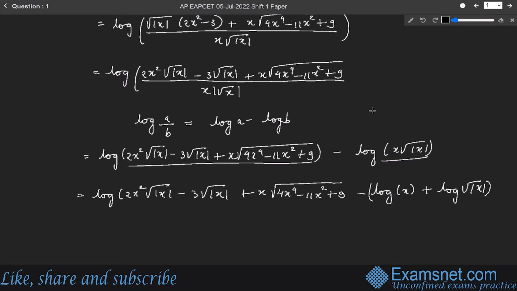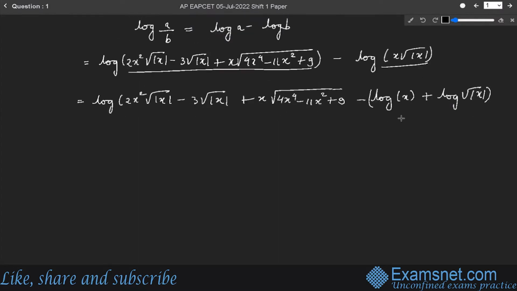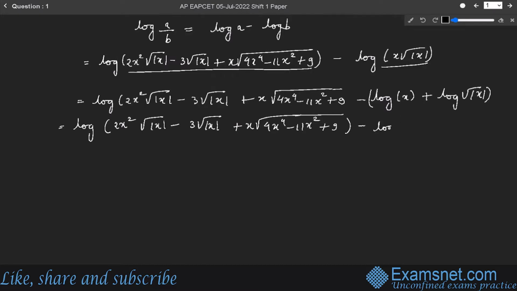On further solving this, it can also be written as log of 2x square into modulus of x minus 3 into modulus of under root x plus x into under root of 4x power 4 minus 11x square plus 9, minus log x plus log of, see there is under root of modulus of x. So it can be written as modulus x power 1 by 2.